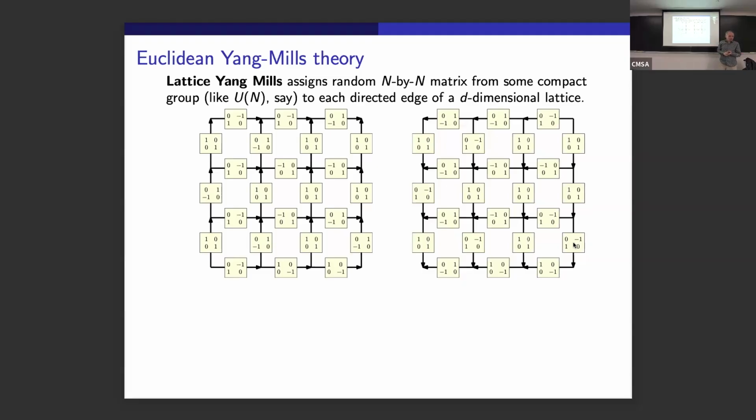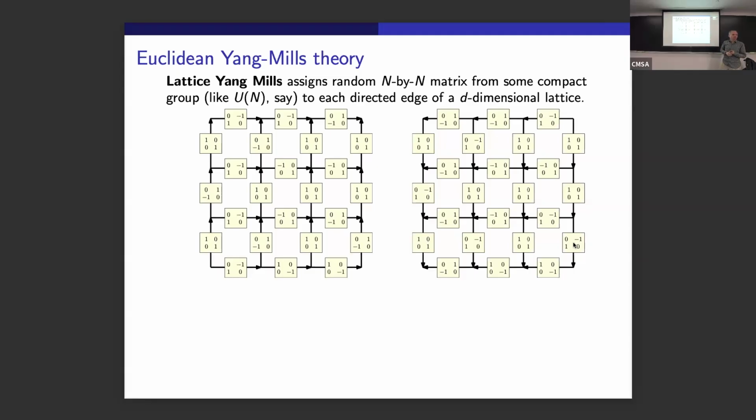And typically we restrict the matrices to some particular group. In this picture here, it's the group of 90-degree rotations and reflections. So these are all just 0, 1, 2 by 2 matrices. But usually in the physical applications, these will be compact Lie groups.